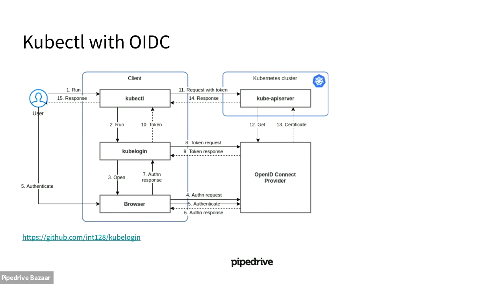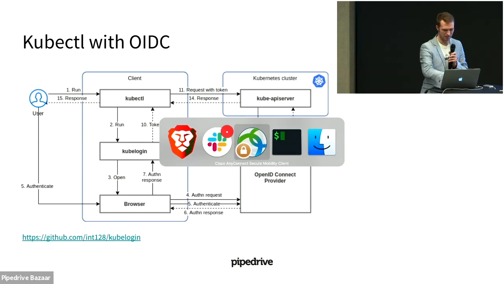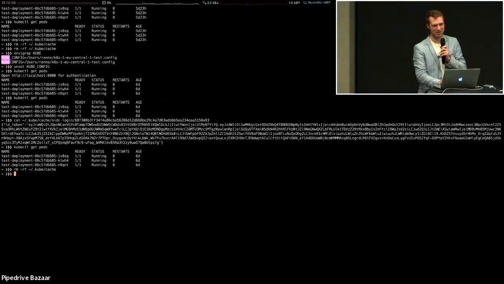And as we wanted to use implicit flow, refresh tokens are not supported there. So we use kubelogin, which can be used with various providers like Google and GitHub or Okta. I'm going to show how it works in the terminal. So Georgi, can you come back?